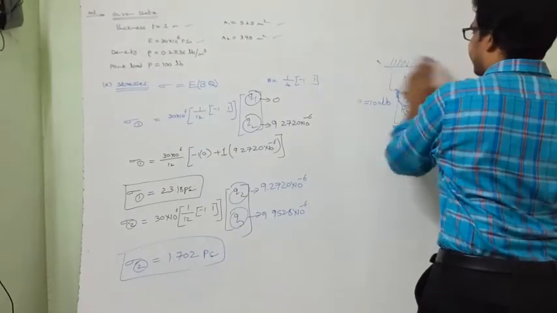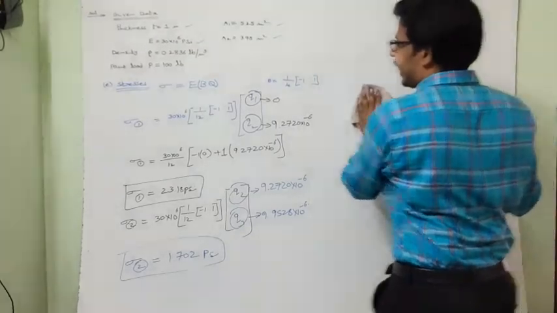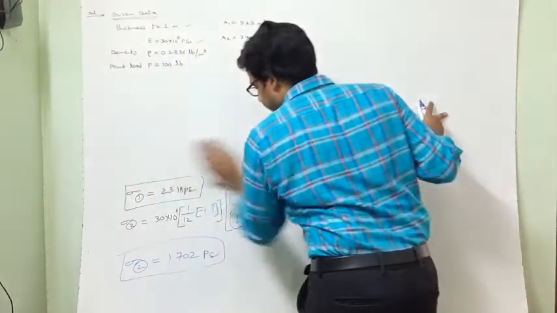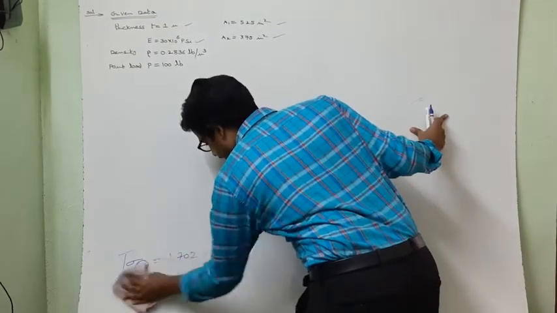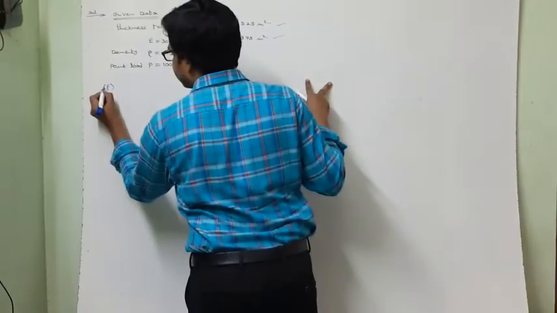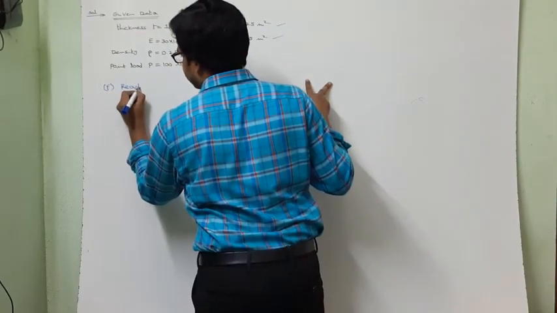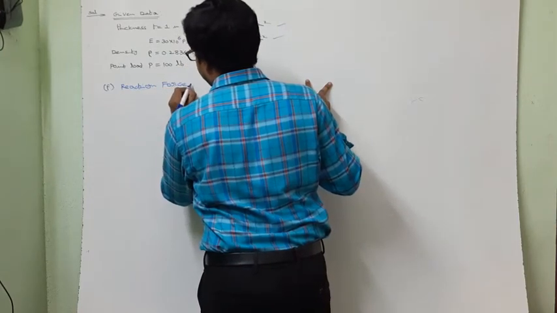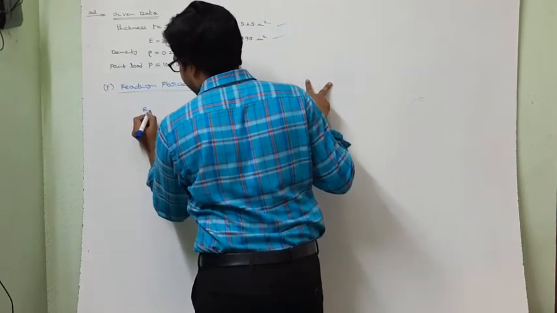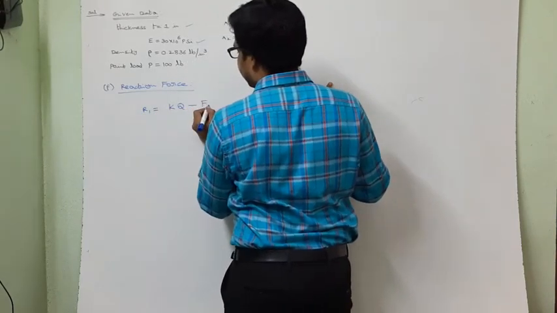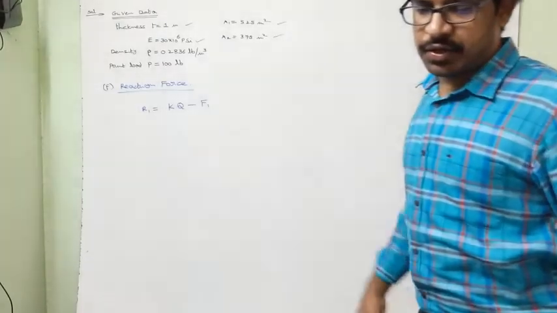And next one, the reactive forces. Next one, the reactive forces we need to calculate at the point of fixed ends. In the given problem, node 1 is the fixed end. Reaction force. So here R1 is equal to KQ minus F1.